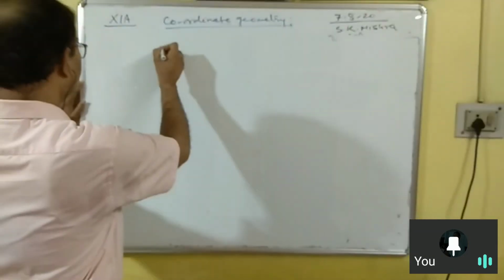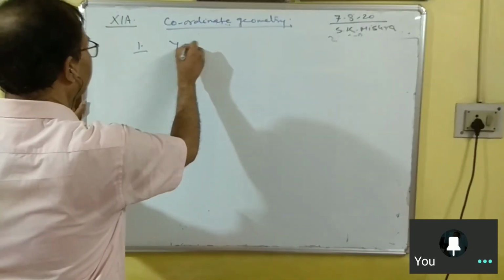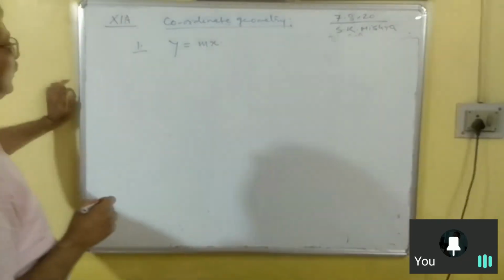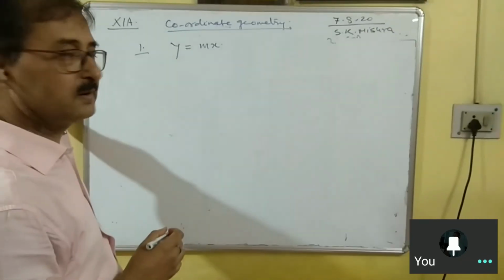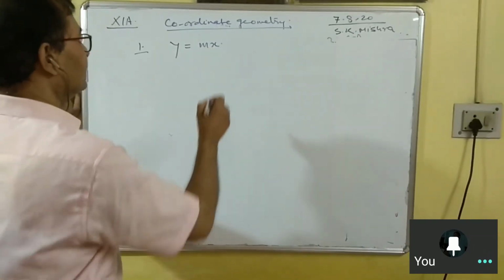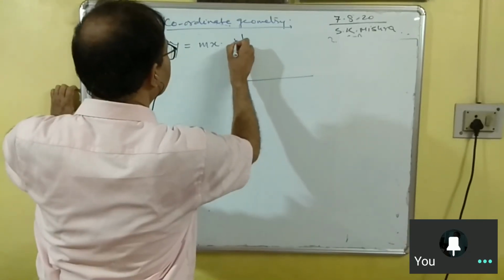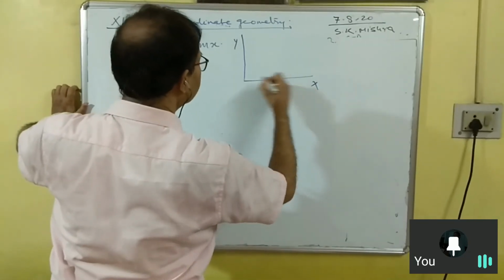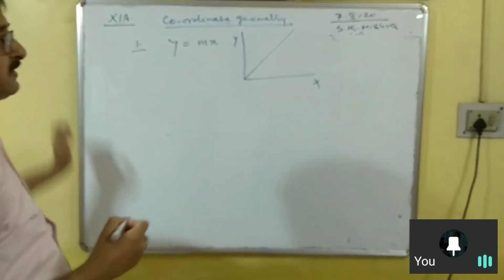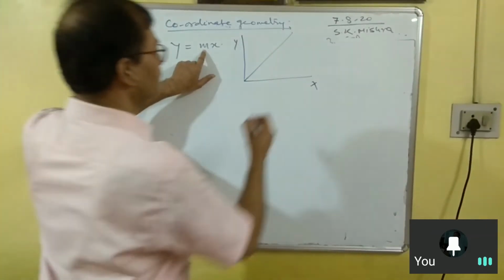X and y, okay. So if you have an equation like y is equal to mx, what should be the nature of the graph plotted, y versus x? If I plot the graph, with y axis and x axis, then the graph will start from the origin and go straight, where m is the slope.